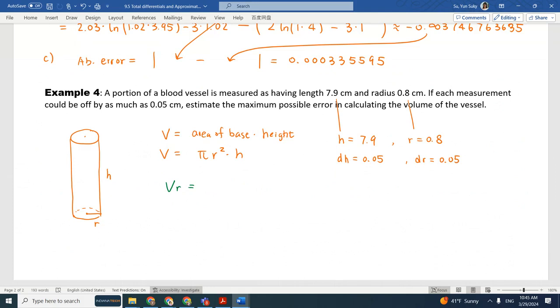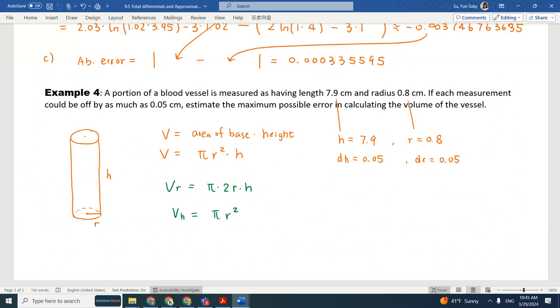Pi and h are just constant multiples. The derivative of r squared is 2r. Yeah, very good. So we got pi times 2r times h. Good. How about V_h? The derivative is pi r squared. Good.